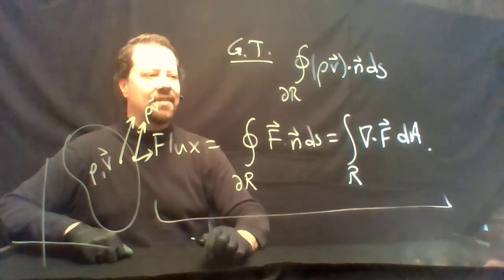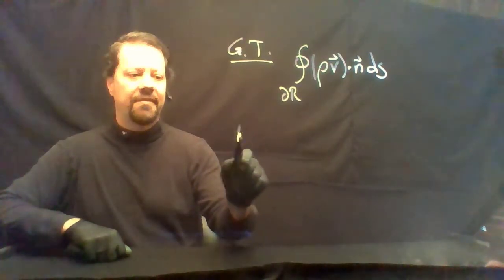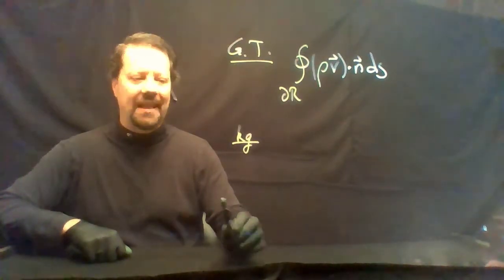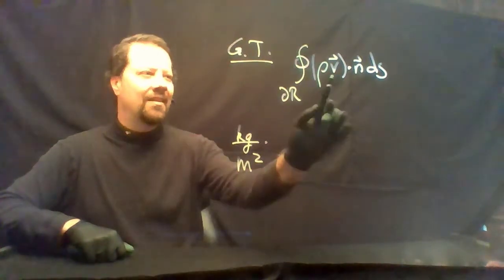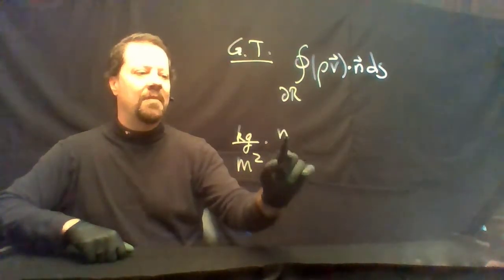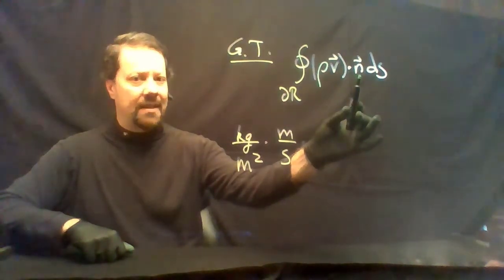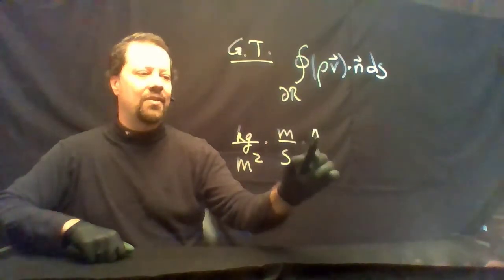Let's think about the units of this answer. Rho has units of kilograms per, well, we are in the plane, kilograms per square meter. V has units of meters per second. N has been normalized and hence has no units. The element of arc length has units of meters.